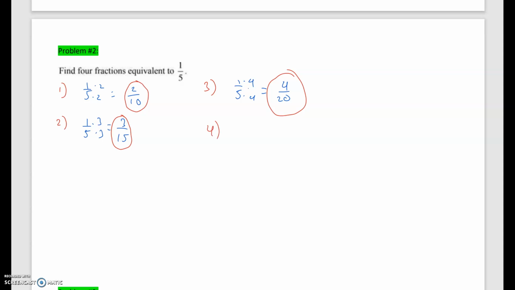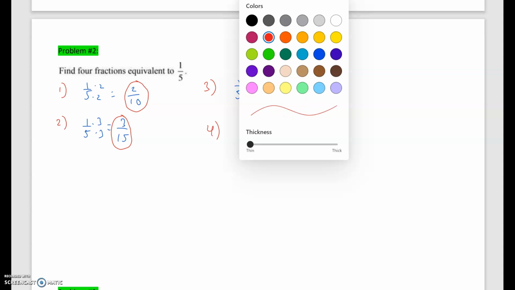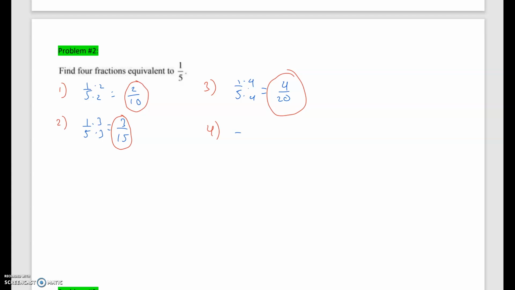Our fourth fraction, let me just rewrite the 1/5. And I'm going to multiply times 5 and times 5. So 5 over the value of 25.